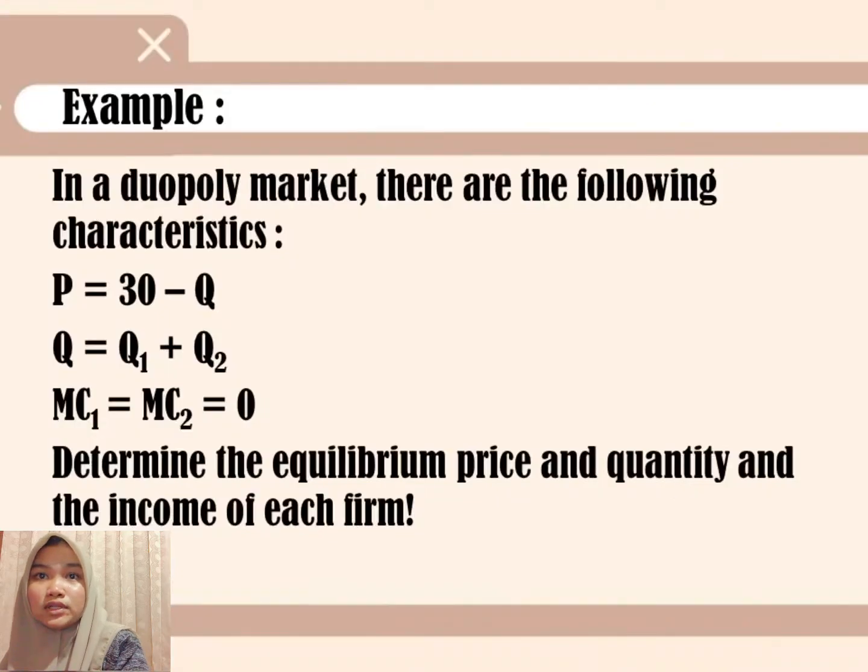Next example, in a duopoly market, there are the following characteristics: the market demand is P equals 30 minus K, where K equals Q1 plus Q2, and MC1 equals MC2 equals 0. Determine the equilibrium price and quantity and the income of each firm.